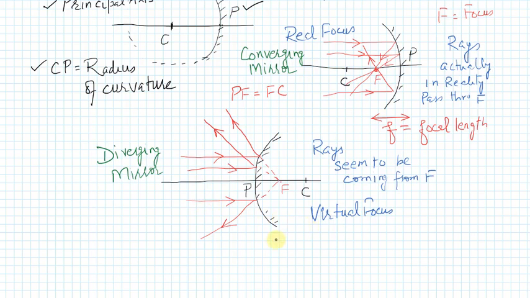So the one rule which we see here is that if a ray of light is coming parallel to the principal axis, it converges or passes through the focus in case of a concave mirror, and it diverges or seems to be coming from the focus in case of a convex mirror, right?